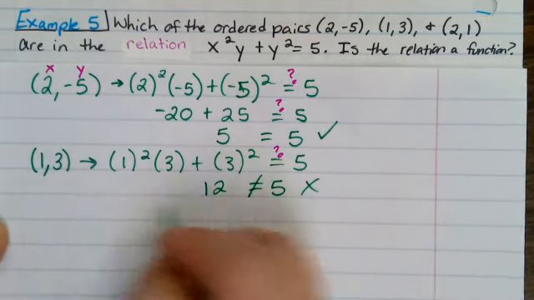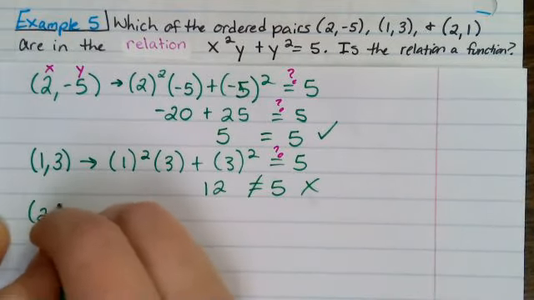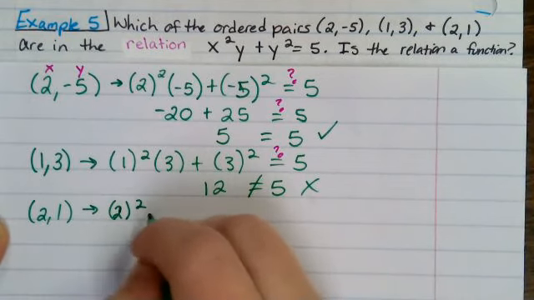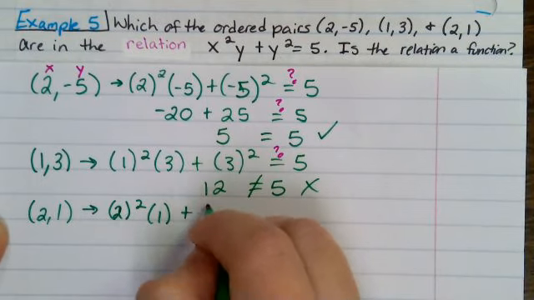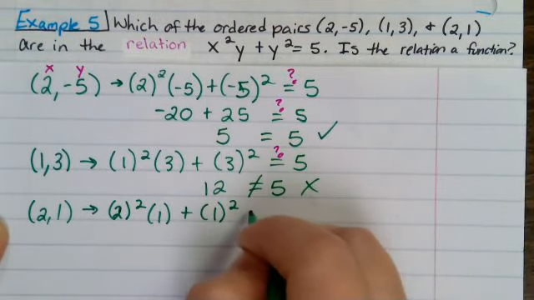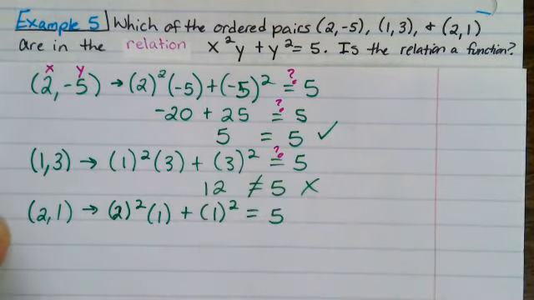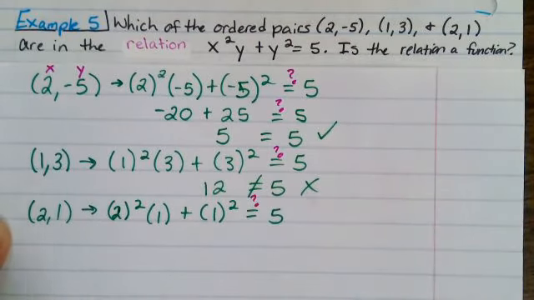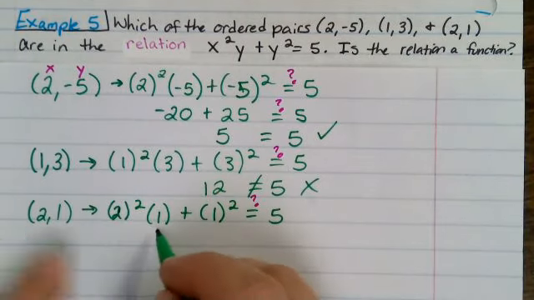All right, the next point I'm supposed to be checking is (2, 1). Plug that in. That is 2 squared times 1 plus 1 squared. Does that equal 5? So 2 squared is 4, times 1 is 4 still.